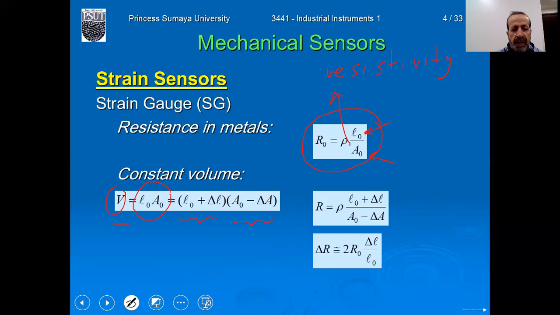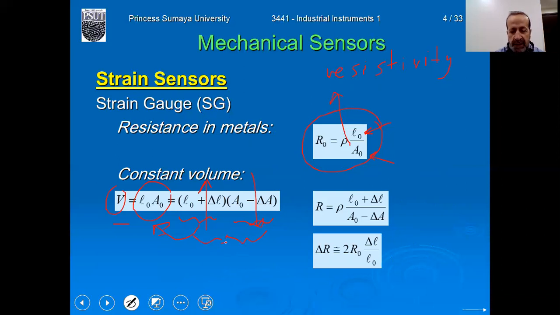And the resulting volume should be kept constant, same as the original volume. So this volume should equal this volume. The new volume is equal to L0 plus delta L, the resulting L, times the resulting area, which is A0 minus delta A. Here, the length is increasing, the area is decreasing, but keeping the volume constant. Okay.